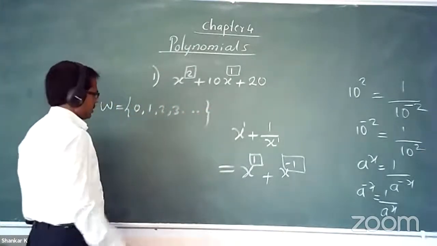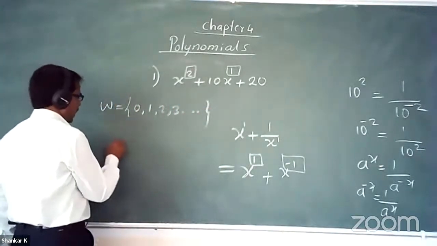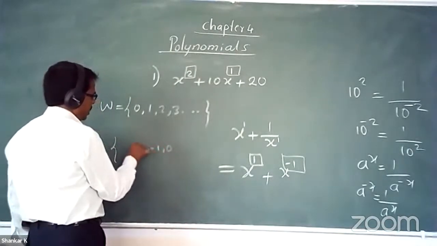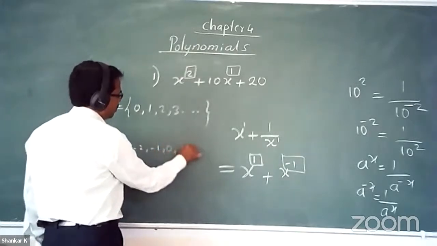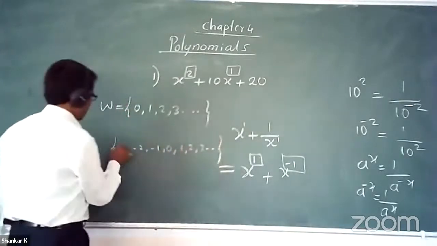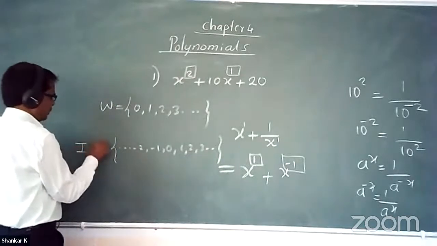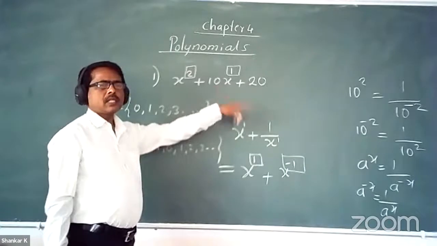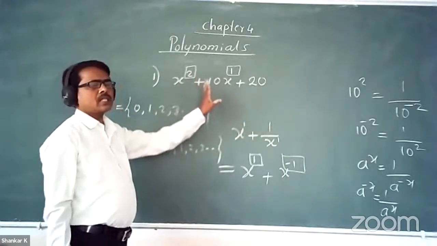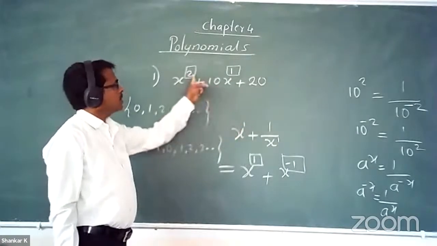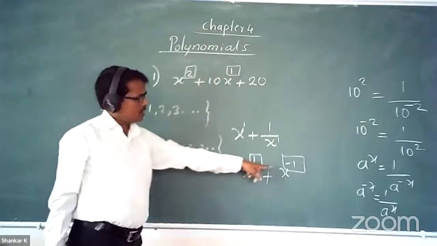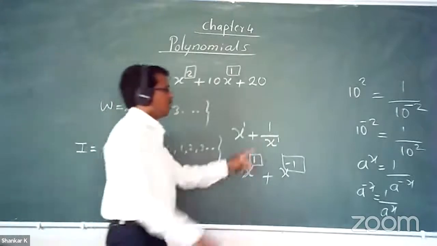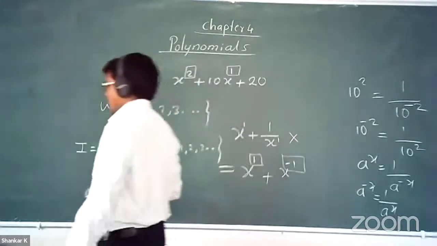Remaining, the negative numbers, come under integers: 0, minus 1, minus 2 on this side, 1, 2, 3 and so on on this side. These are integers. Our definition says the exponent should be a whole number. It is not a whole number, it is a negative integer. So this is not a polynomial. Understood?